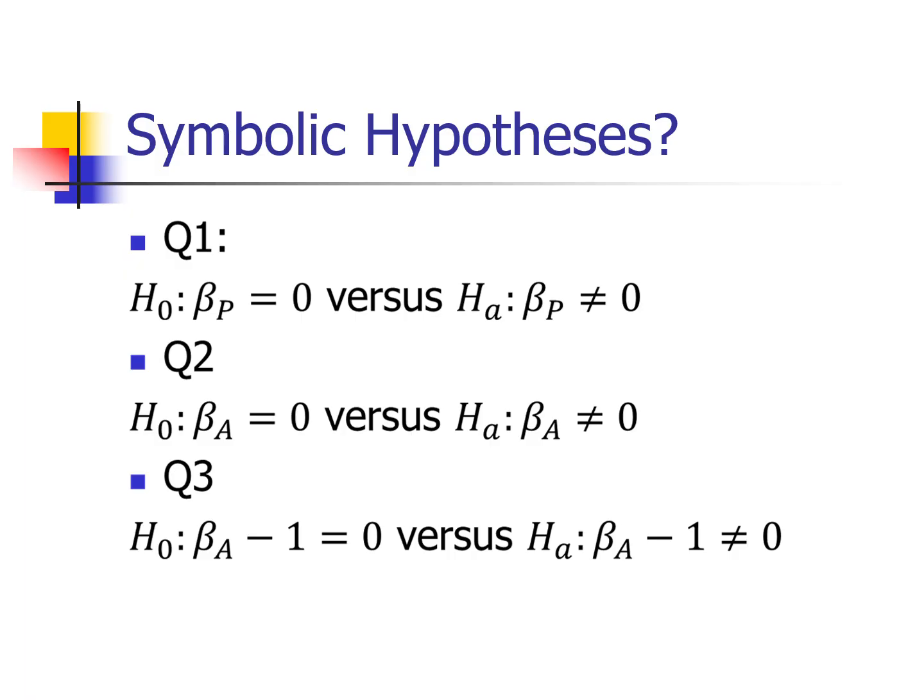Well, our first question, does pricing impact sales? That's really essentially just doing a hypothesis test of whether or not the coefficient for pricing is zero or not zero. Our second question, does advertising impact sales? We're really just looking at the significance of that advertising variable.